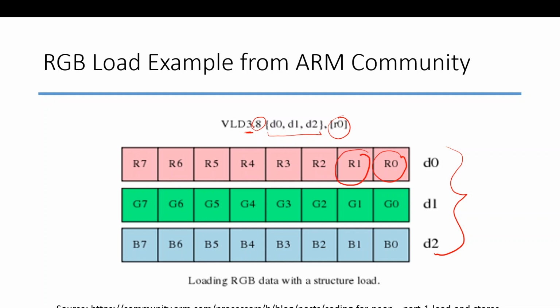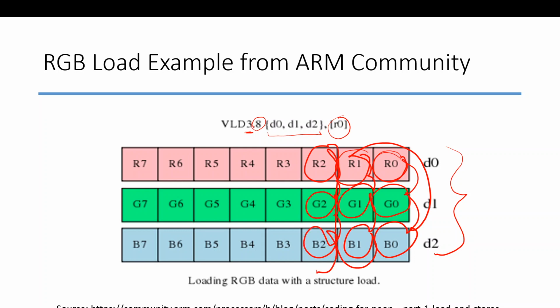Actually what we're doing is loading 1, 2, 3 like that, then up to 1, 2, 3, and then up to 1, 2, 3, and so forth. So the interleaving, by having 3 registers here, makes it so that with a single instruction we separate that data into 3 separate vector registers.